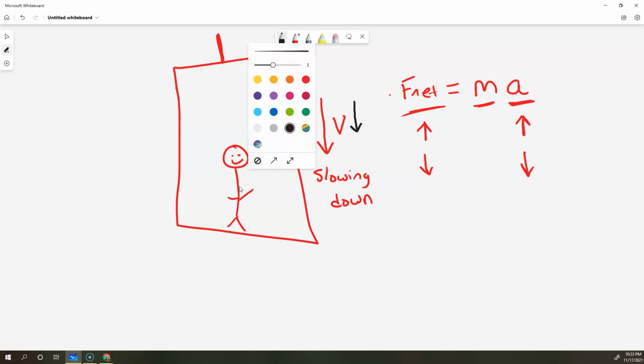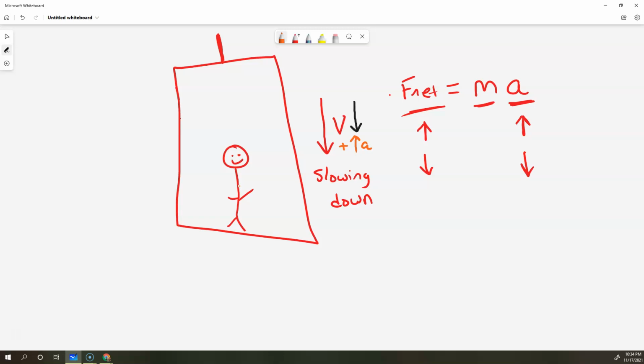That means the direction of your acceleration was up. This big arrow plus this little arrow will lead to this black arrow. So even though you were moving down, your acceleration was up because you were slowing down.